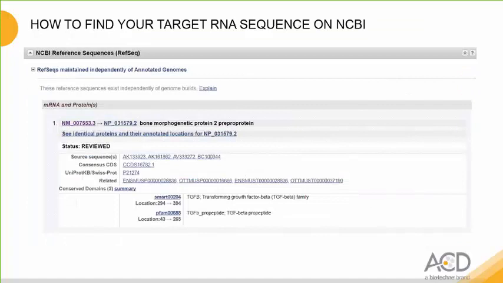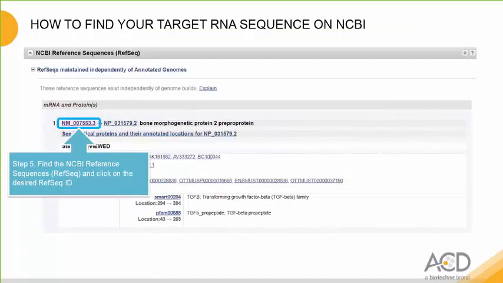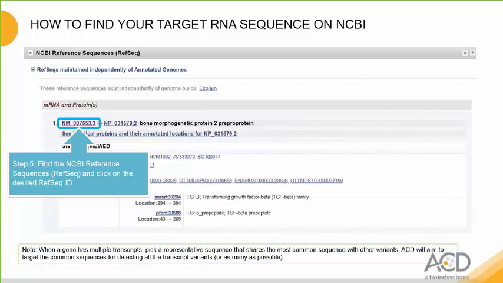When you get to the NCBI RefSeq sequence section, you can click on the desired RefSeq ID. And when a gene has multiple transcripts, we recommend picking a representative sequence that shares the most common sequence with other variants. And ACD will aim to target the common sequence to detect all the transcript variants, or as many as possible.